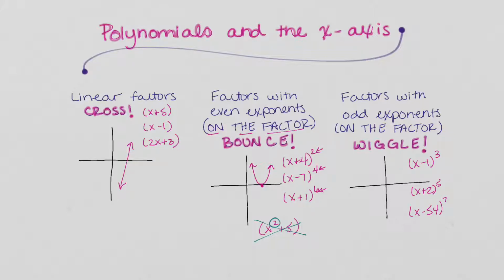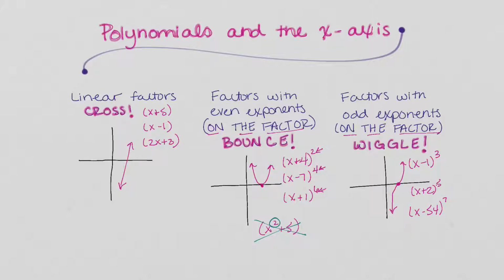Now, these exponents are all odd, and so what happens when you have an odd exponent on the entire factor, outside the parentheses, is that your graph will wiggle through the x-axis. So it crosses the x-axis, but instead of going straight through, like our linear factors, it comes up and does a little wiggle.